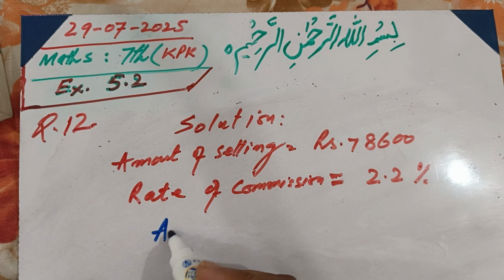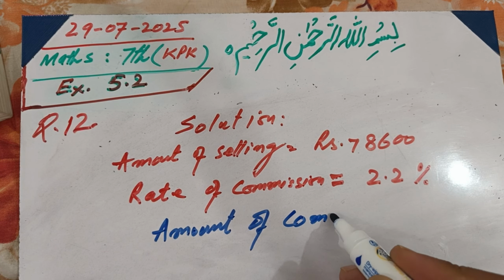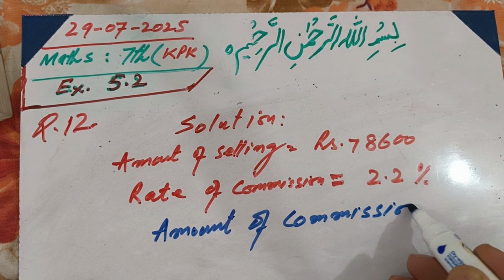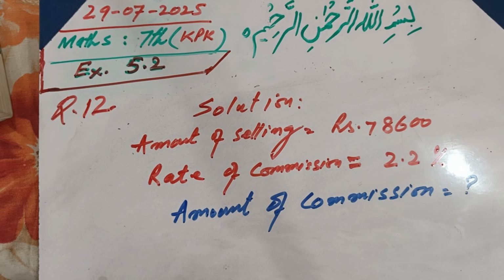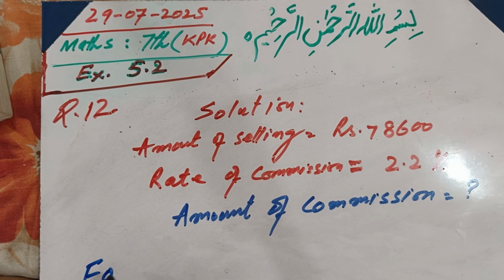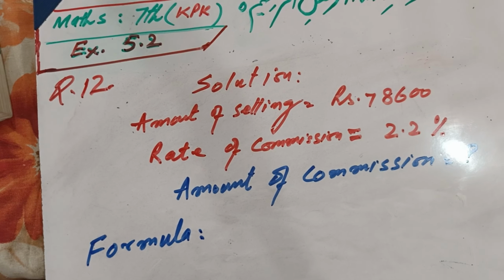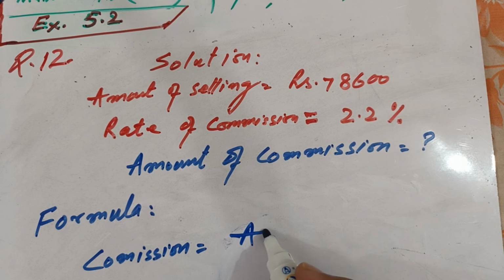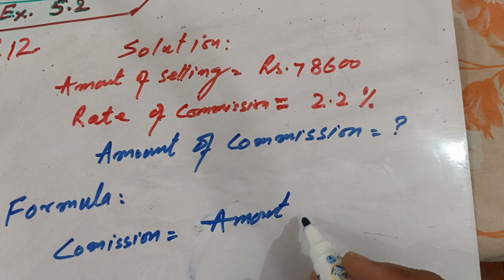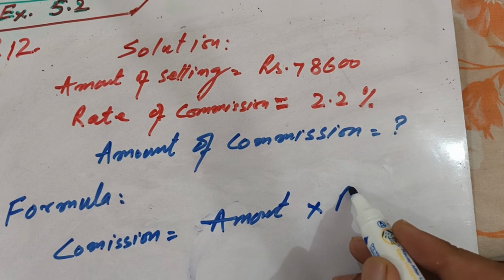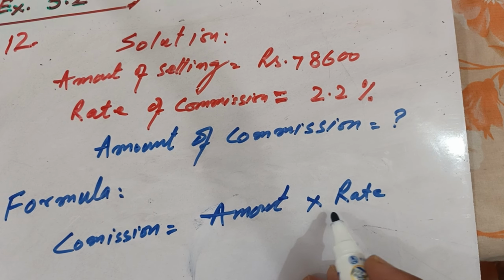And the formula for commission is amount multiplied by rate, or we can say rate multiplied by amount.